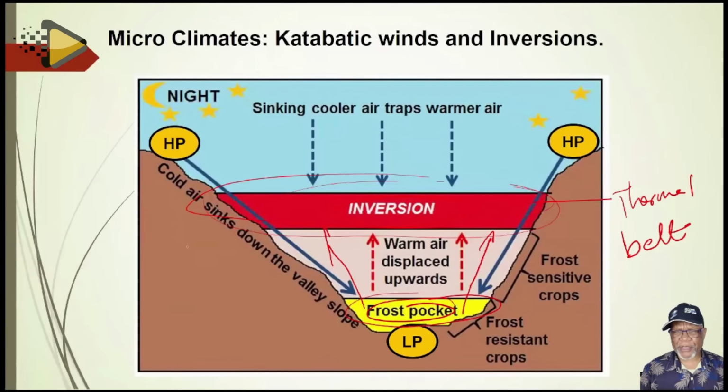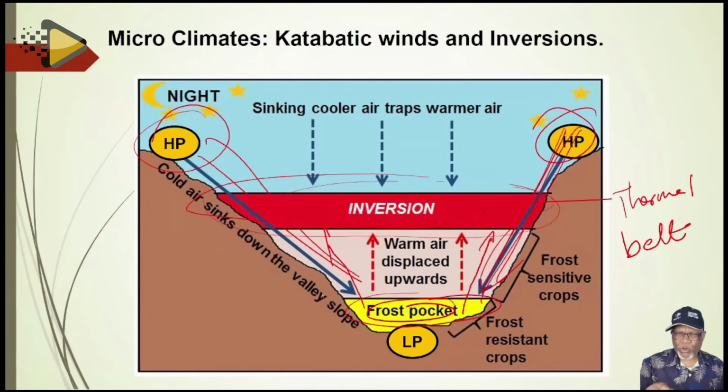So this takes place during cold, calm winter nights, where you're going to experience cooling because of terrestrial radiation, with cold air accumulating up there and subsiding.